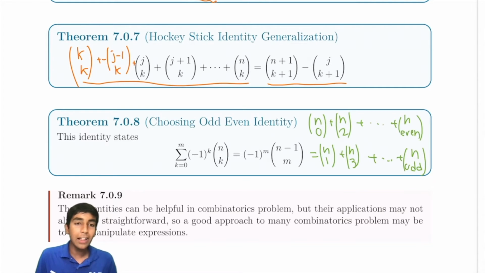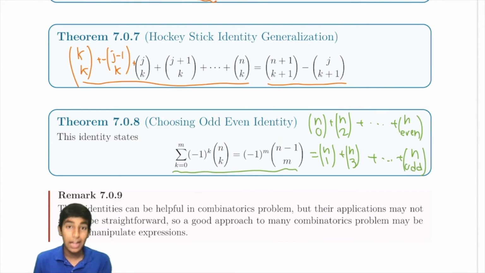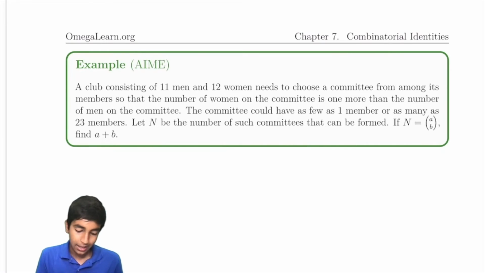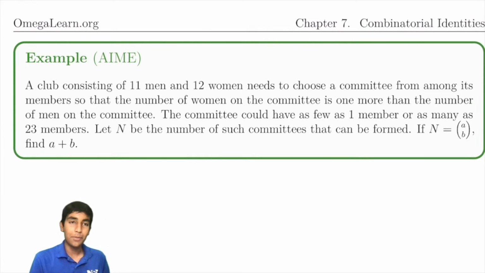So all odd values less than n, and this is equal, and that's very cool. You don't really have to worry about this kind of complicated version of this, but just remember that choosing evens equals choosing odds. And remember, it has to be all of them, not just whatever odds you feel like using. Okay, let's take a look at an example from the AMC.